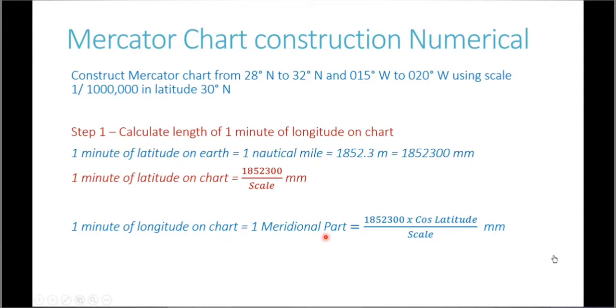So every part is 1 minute of longitude. Between any 2 degrees, let us say 000 and 001 meridian, there are 60 minutes of longitude. So it is divided into 60 small parts. This 1 minute of longitude is known as 1 meridional part. So using this, we can find out the length of 1 meridional part or 1 minute of longitude.